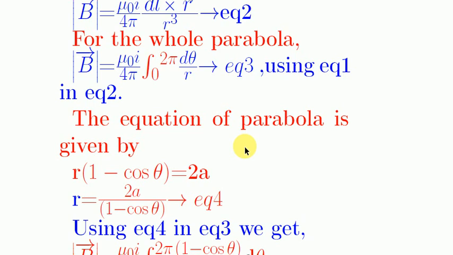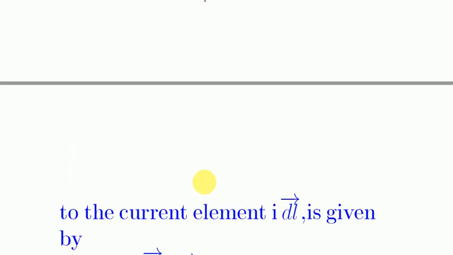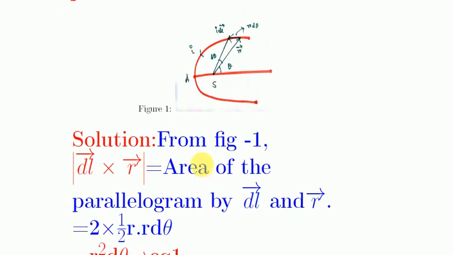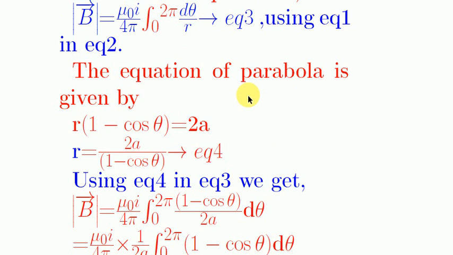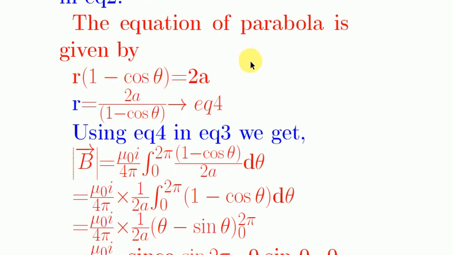Now next, let us see. The equation of a parabola is given by r times 1 minus cos theta equal to 2a, where a is the length between the focus and the apex of the parabola, and this is the equation of a parabola in the polar coordinate system.